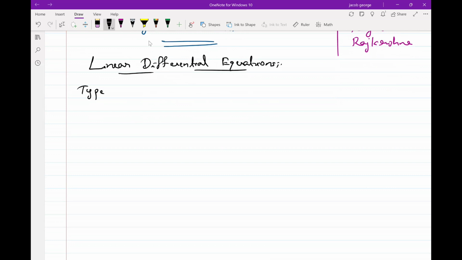Type number one: dy by dx plus py is equal to q.